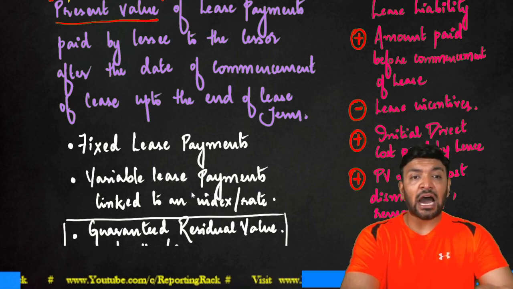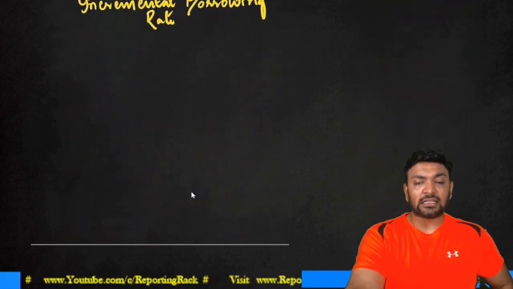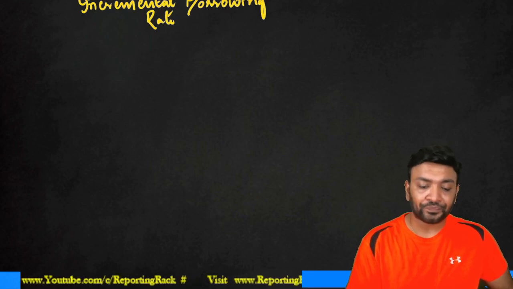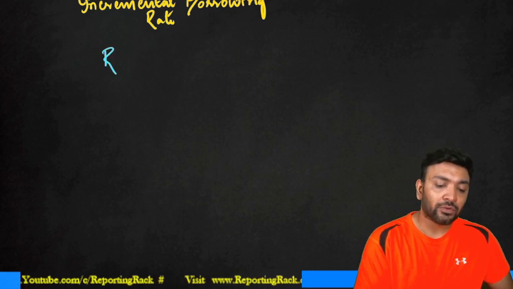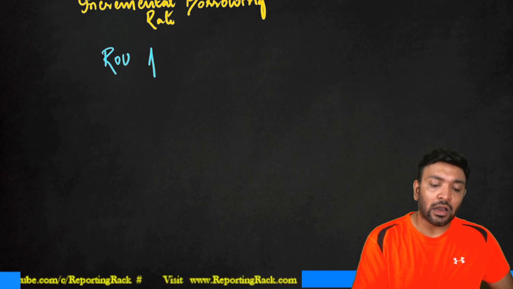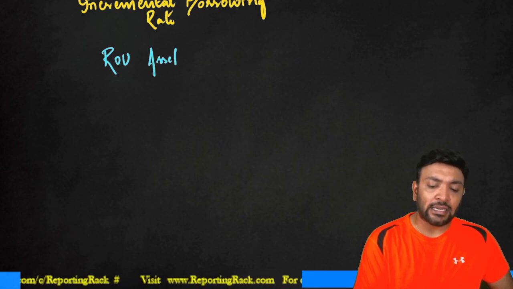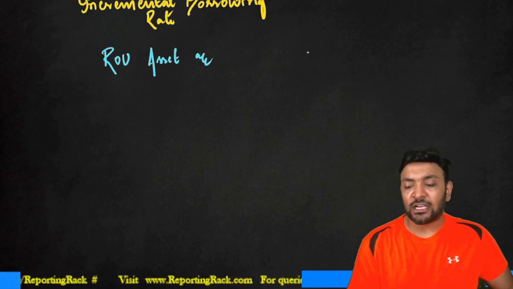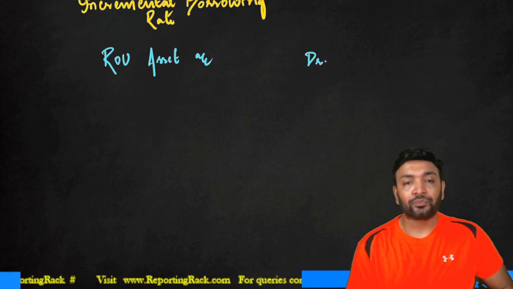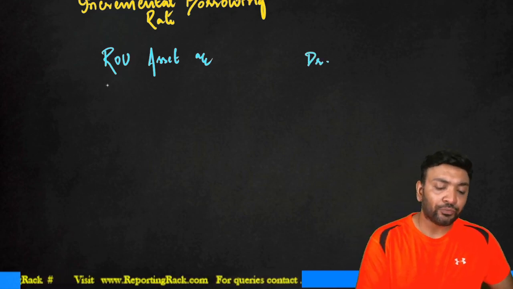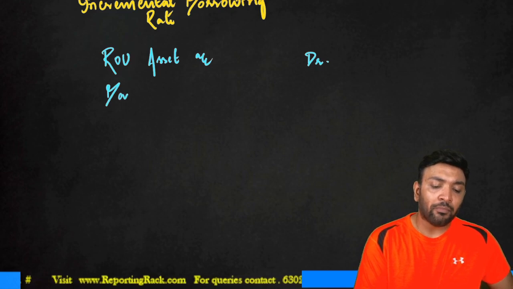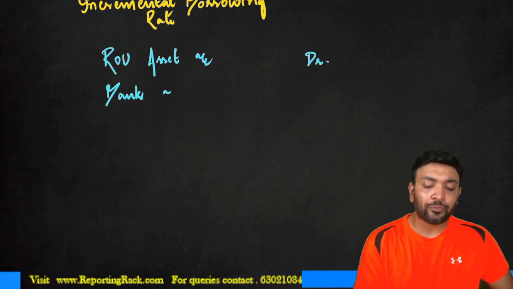So just for our clarity, let's write down the entry that we get. ROU asset account debit. We have seen the measurement as discussed above. Bank account debit.